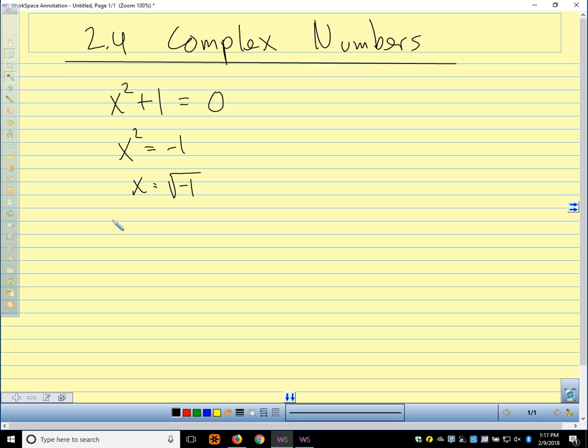We call that i, the imaginary unit. i is the imaginary unit, and it has this particular property that i squared is -1.